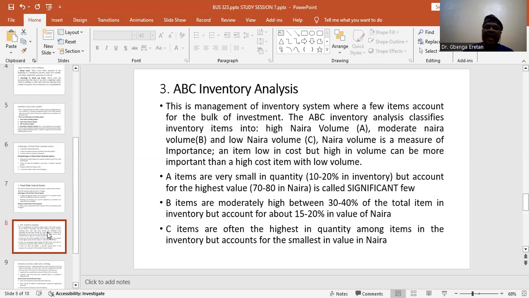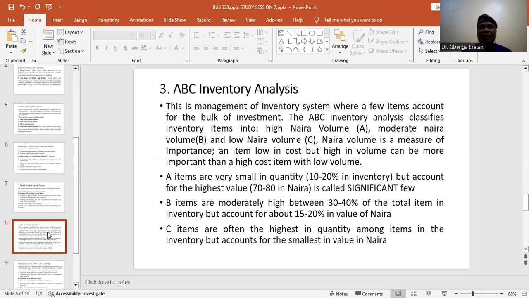Number one, high naira volume stock, it is called A. Moderate naira volume stock is called B. Low naira volume stock is called C. We talk about 3 categories of stock under this context. And the naira volume is measured in terms of importance.